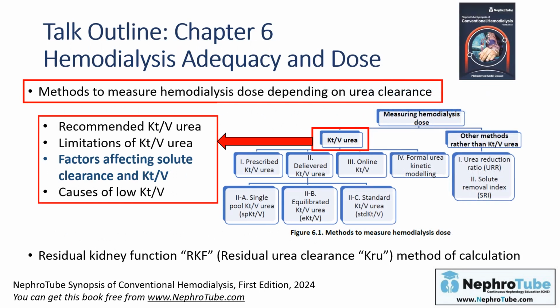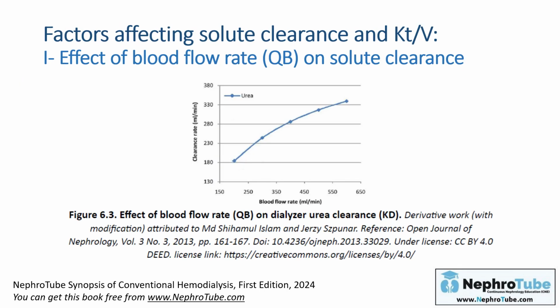Now we have to discuss what are the factors that may affect solute clearance, and for sure this will affect Kt over V. Many points. The first of them is the effect of blood flow rate. For sure, an increase in the blood flow rate will increase the clearance.